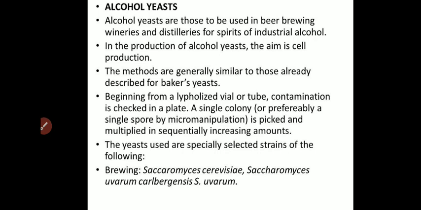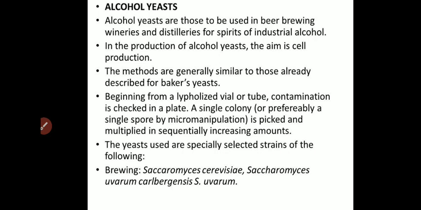Then other alcoholic products are produced by using such yeast. So here our basic aim is to produce this yeast cell in the larger amount. The method, as we have discussed earlier, is generally similar to what we have already described for the baker's yeast.